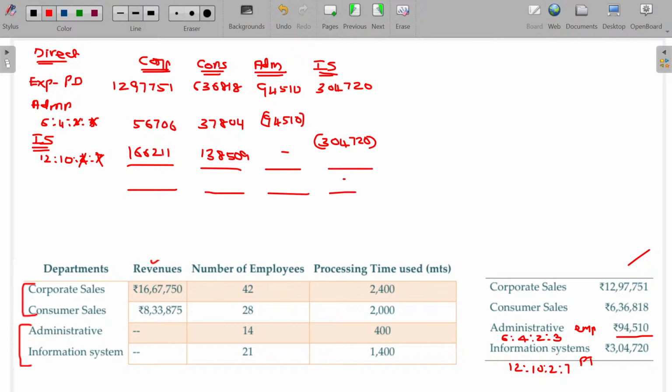After the distribution, the values are 15,20,668 and 8,13,131. We got the direct distribution model.